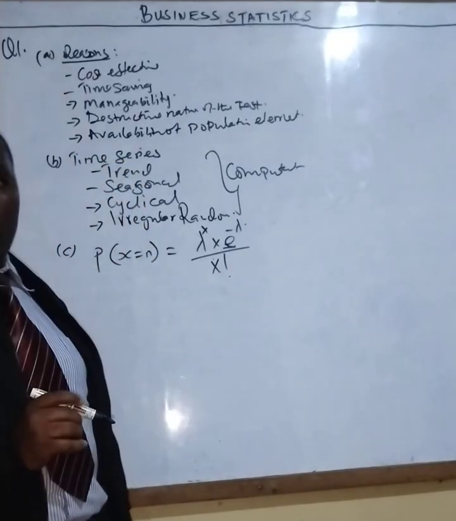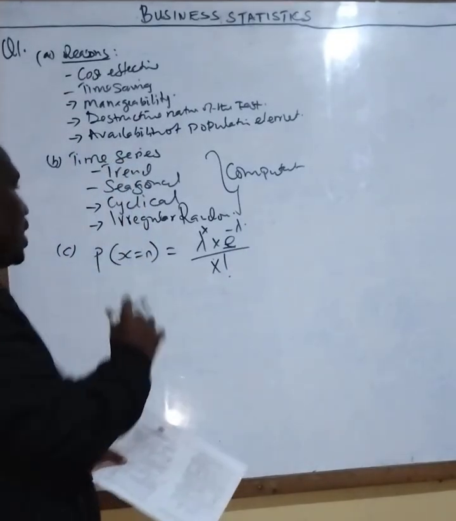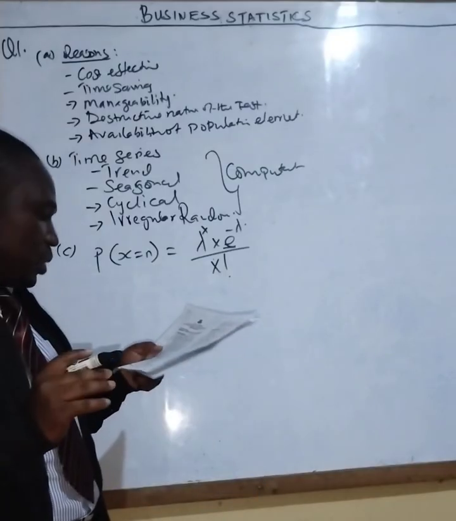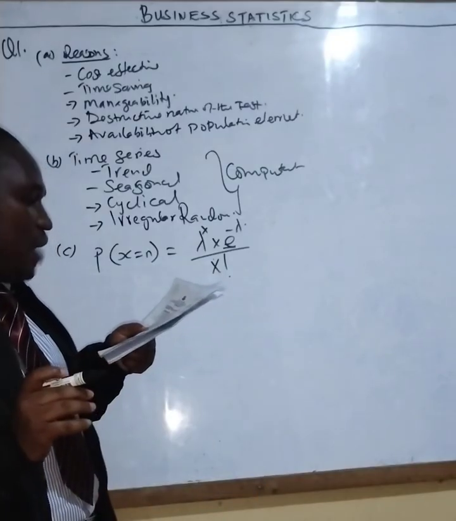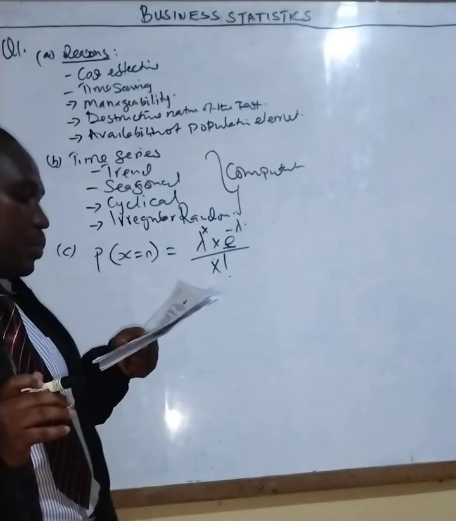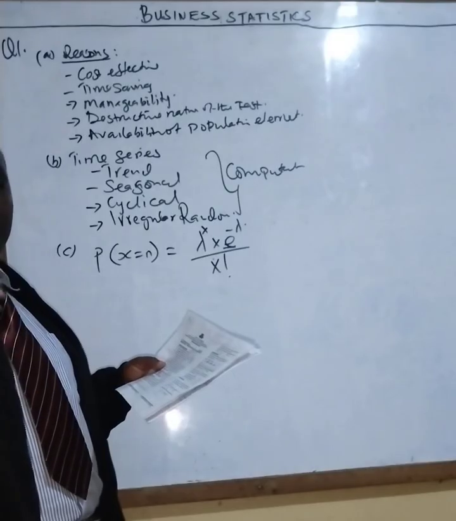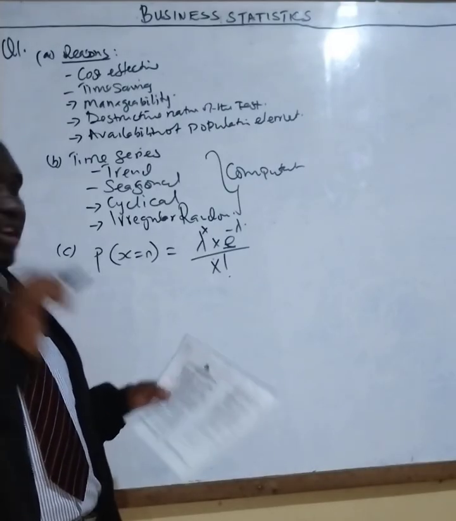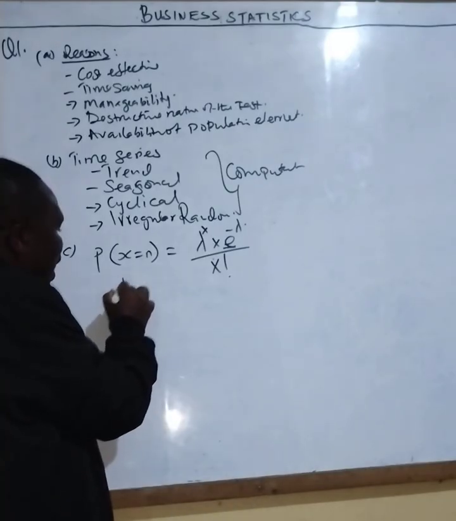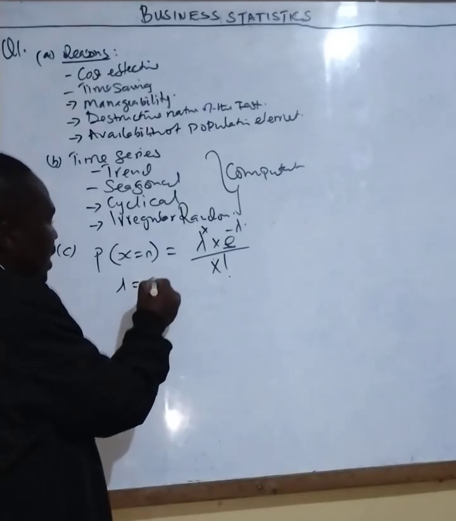This is under Poisson probability. Before you do anything, extract the information first. The question says, on average, the school photocopier breaks down 8 times during the school week. Therefore our lambda, which is the mean, is 8.